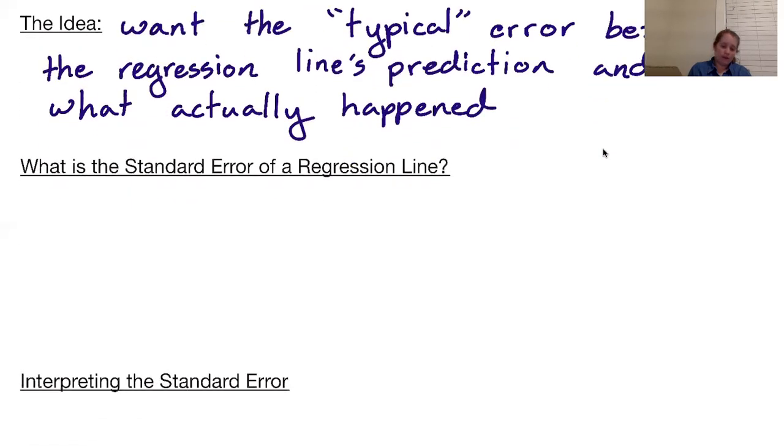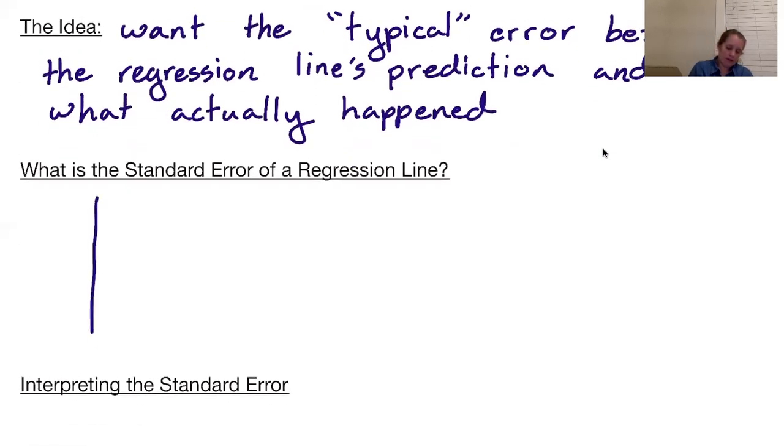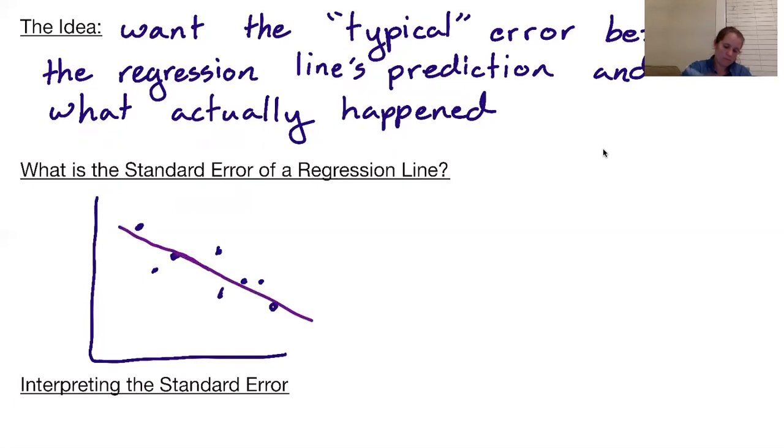So if we think of our scatter plot and a regression line, then each point has an error from what the line would have predicted.